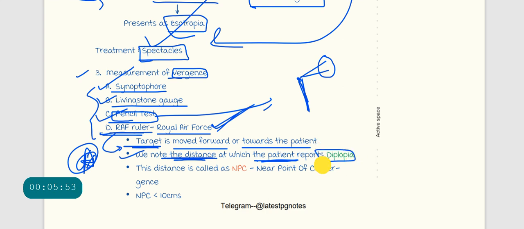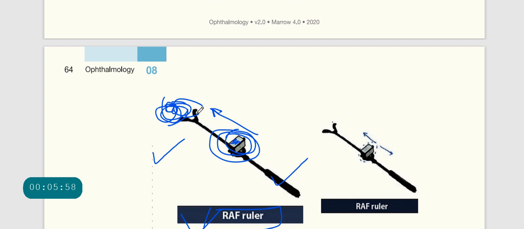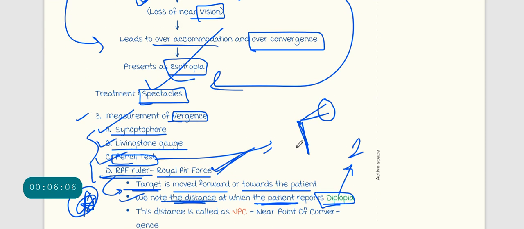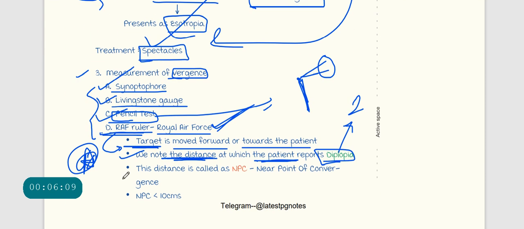Diplopia means double vision. Assume this is the point where the person complains of diplopia. This is how we measure with the RAF rule. This distance of diplopia is called the NPC.